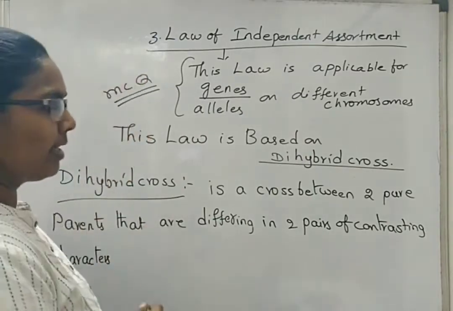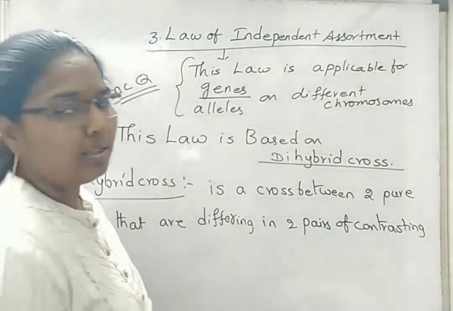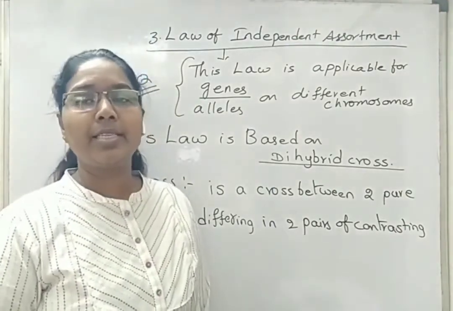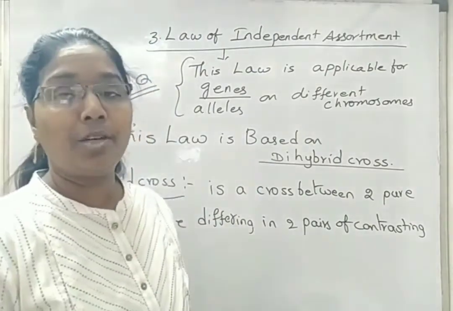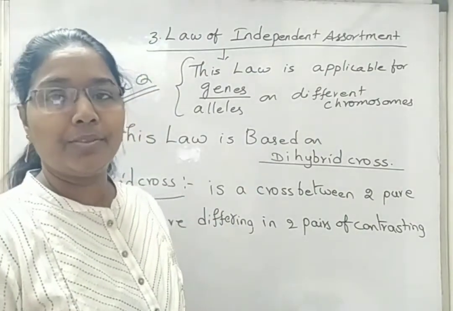Now, this one we can say is one type of definition, because I told you there are different modes of explanations and definitions for explaining these laws. In the first law, the law of dominance, I gave you 2 types of definitions also.